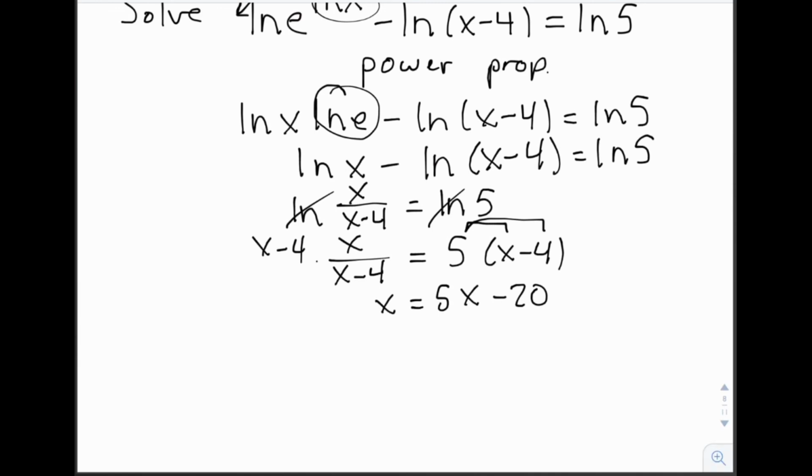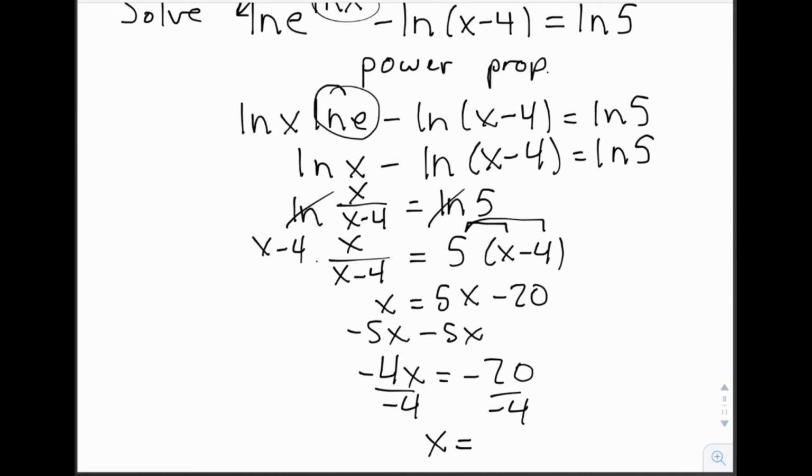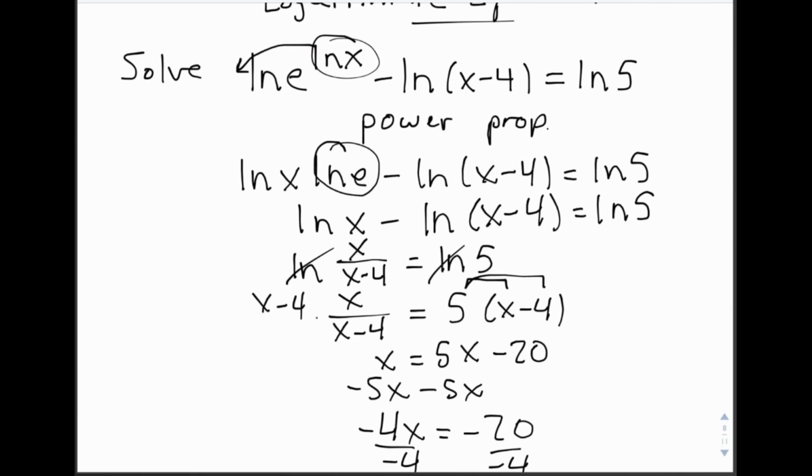In this case, we want to subtract the 5x. So negative 4x is equal to negative 20. Divide by negative 4, divide by negative 4. Or in other words, x is equal to positive 5. And again, if we double check ourselves here, that will give us positive arguments for our logs, so we are good to go.